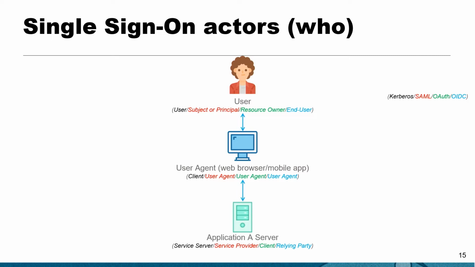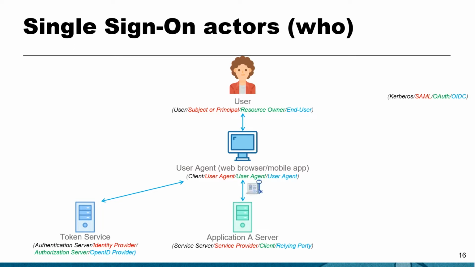That's what we're trying to do. And we talked about exchanging security tokens, so there will be some kind of token service that will perform your credentials verification, so username, password, for example, and be able to return some form of security token to your application. That's really the basic story.